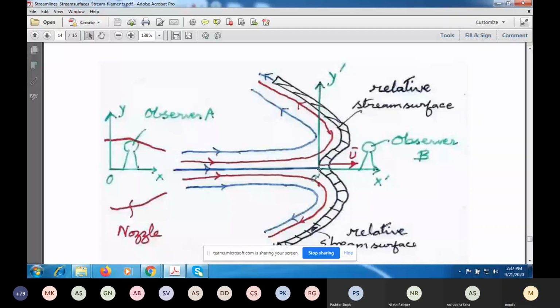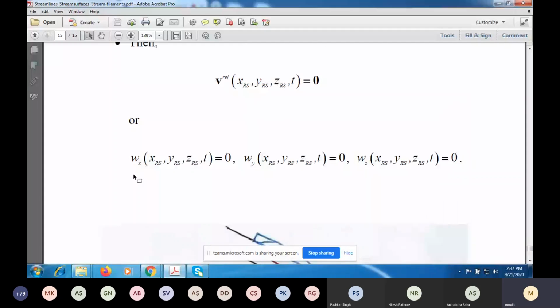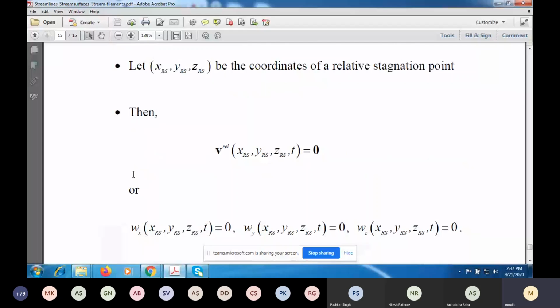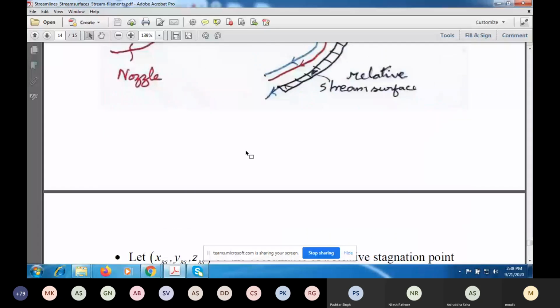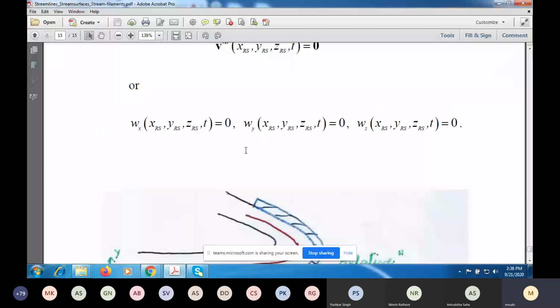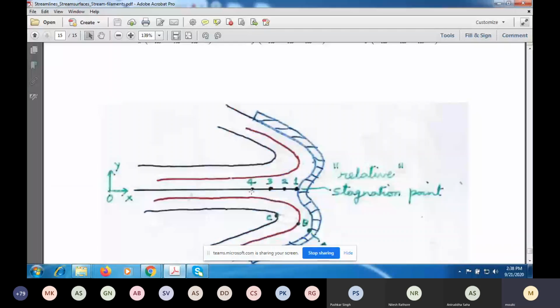Okay. Now, what will be the relative velocity? Well, the fluid is coming out with some velocity here, let us say Vj, as seen by observer A. So as seen by observer B, the relative velocity of the fluid will be Vj minus u. So somewhere at point 4, the fluid velocity, relative velocity will be Vj minus u.